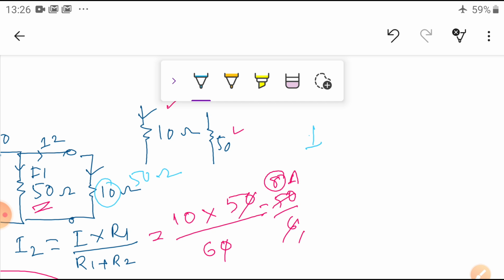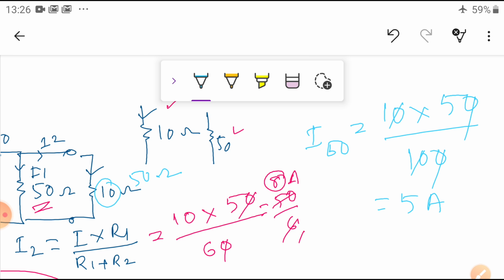The total current is 10 amps into 50 by 50 plus 50, that is 100, which is equal to 5. So in the previous case we got 8 amperes when the 10 ohms was connected, and if you connect the 50 ohms then we are going to get 5 amperes.